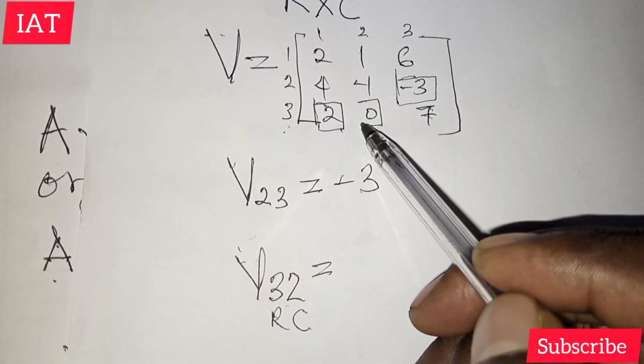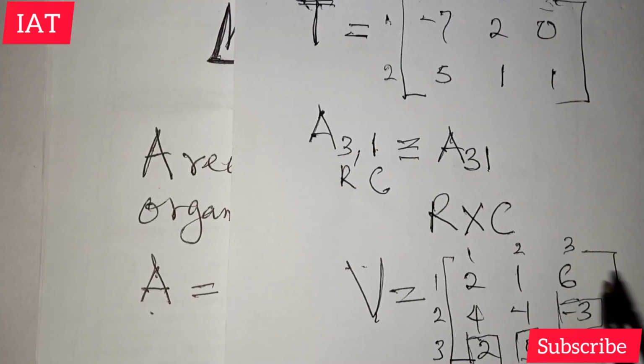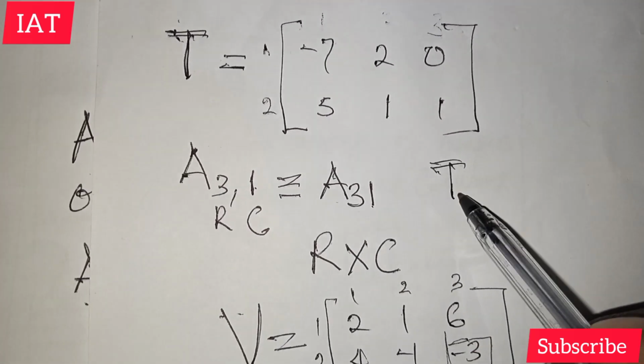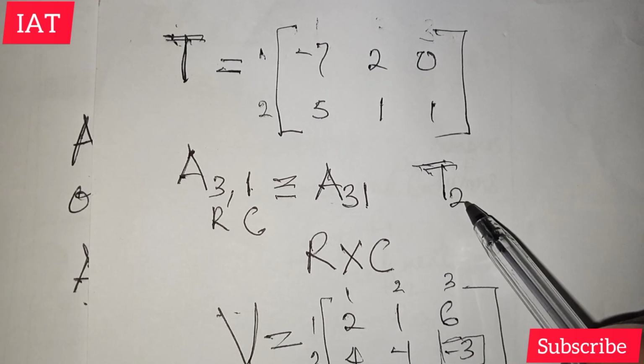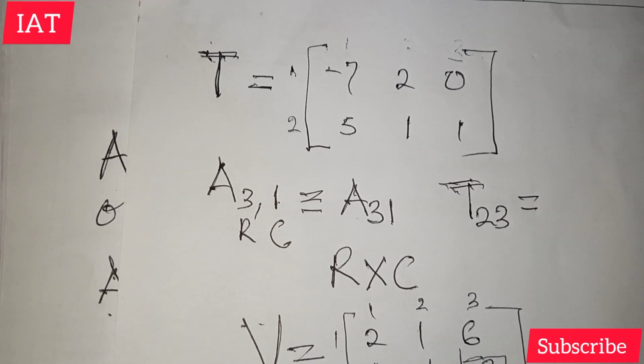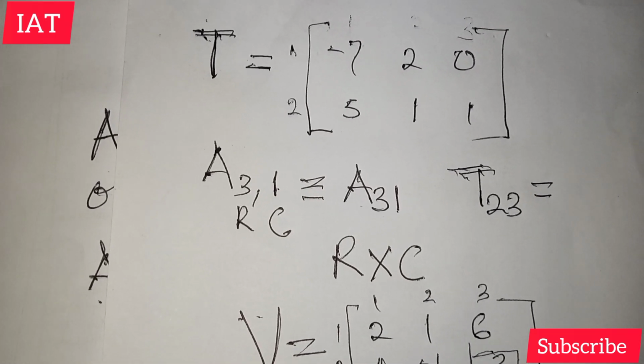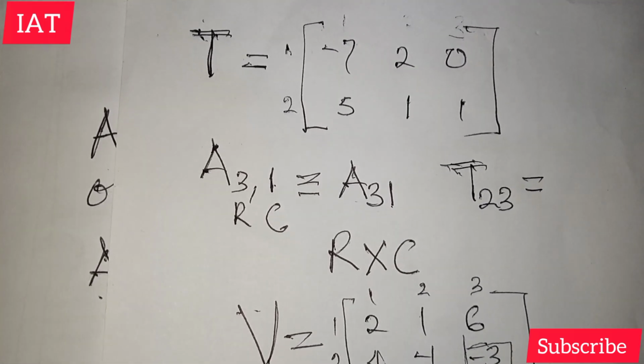So this becomes the answer to this. So falling back to this particular one, if I ask you T 2, 3, what do you think is going to be the answer? Pause the video and drop the answer in the comments section for 1 minute.